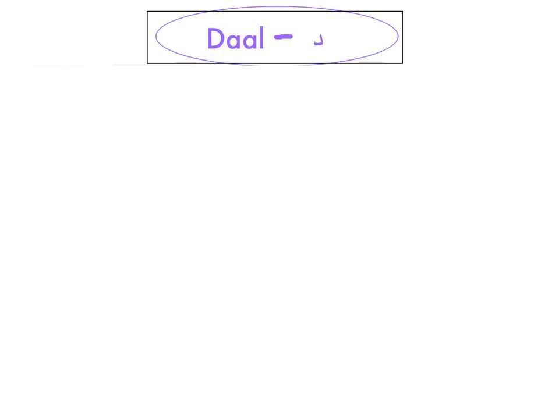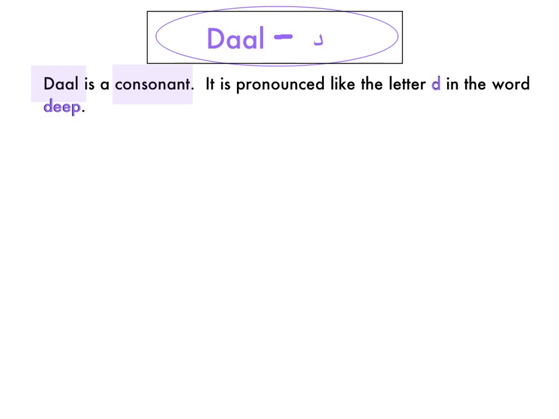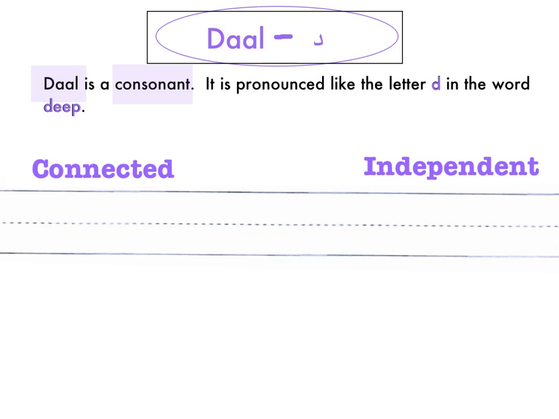The letter Daal. Daal is a consonant. It is pronounced like the letter D in the word deep. Daal has two forms, independent form and connected form. In independent form, we write it like this.